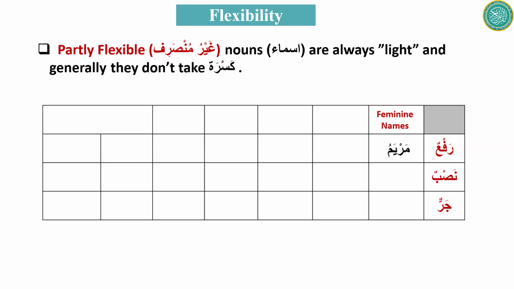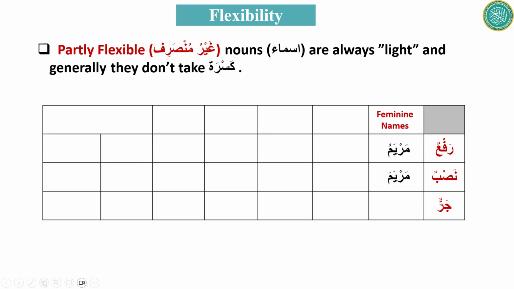It will never be Maryamun. Nasab: Maryama. How about jar now? In the statement I said, generally they don't take kasra. So it cannot be Maryami, because these partly flexible nouns don't take kasra.